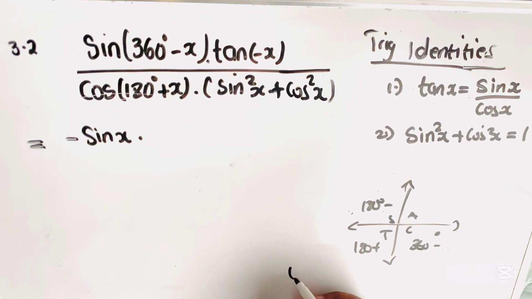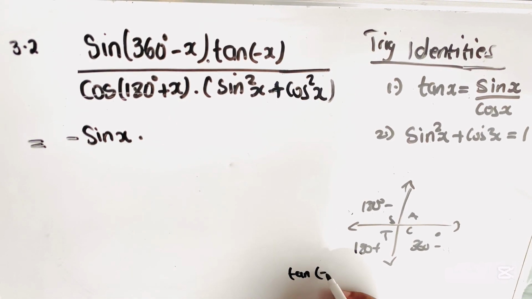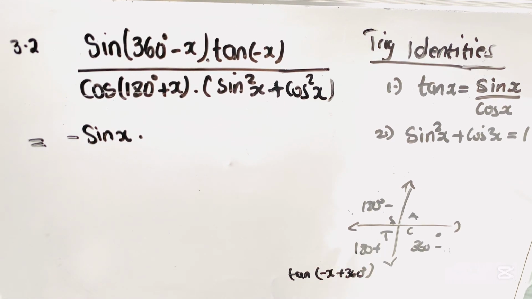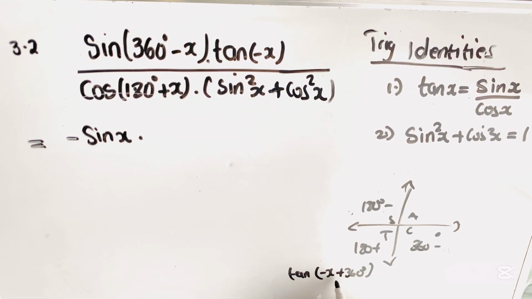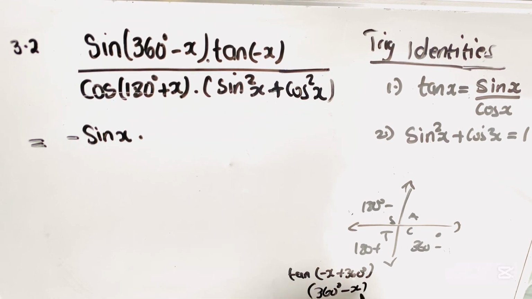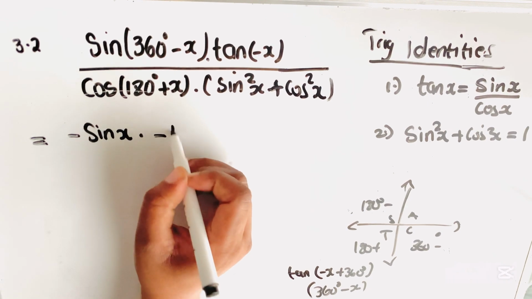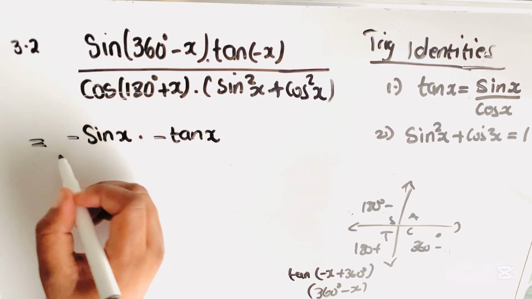Remember, always when you have the smallest angle, you add 360. When you have the biggest, you minus the 360. So in a case like this, this is the same as 360 minus, and this is the fourth quadrant, whereby the tan in the fourth quadrant is negative. So it's negative tan of x.